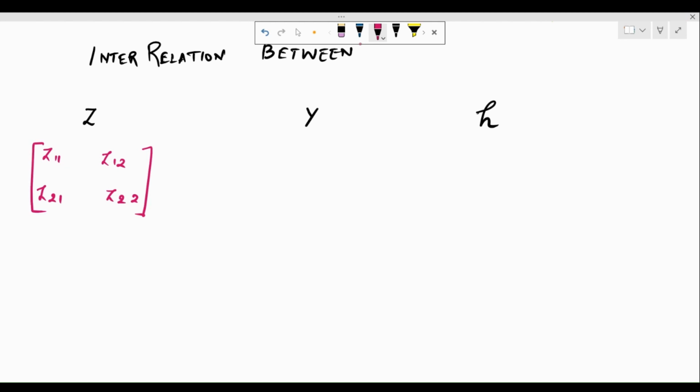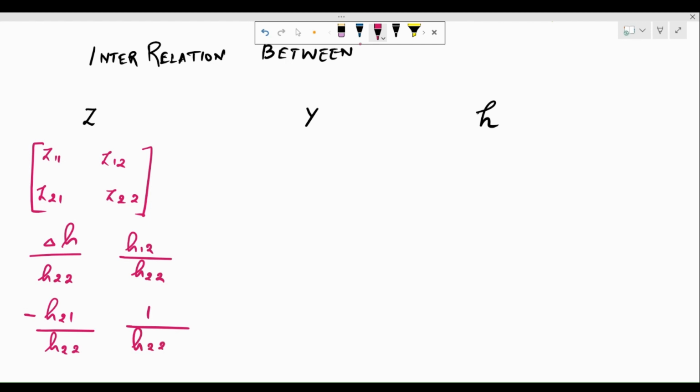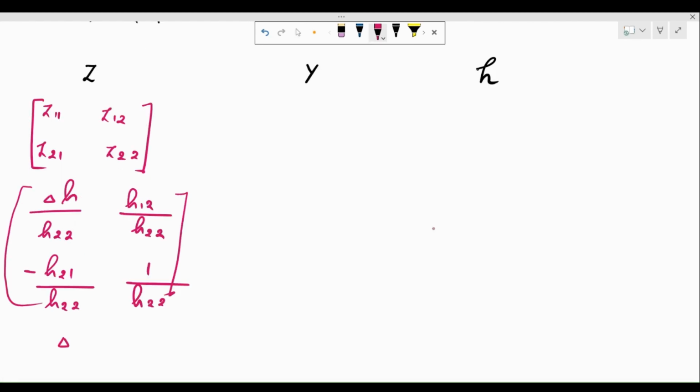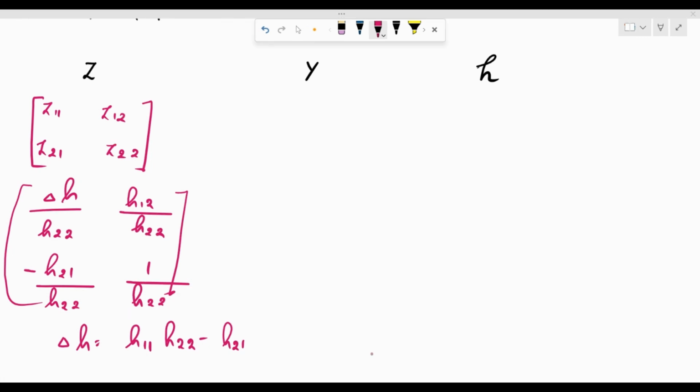This can be written as delta H by H22, H12 by H22, minus H21 by H22 and 1 by H22. Here we see that delta H is given as delta H is equal to H11 H22 minus H21 and H12.